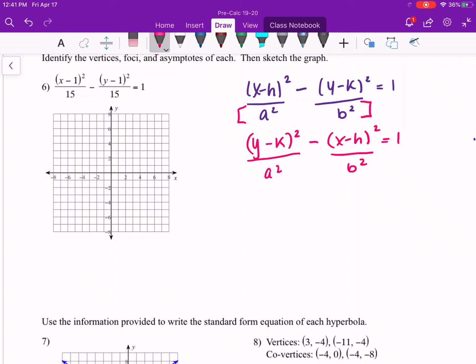When x comes first, your parabolas are going to open left and right. When y comes first, your parabolas are going to open up and down.